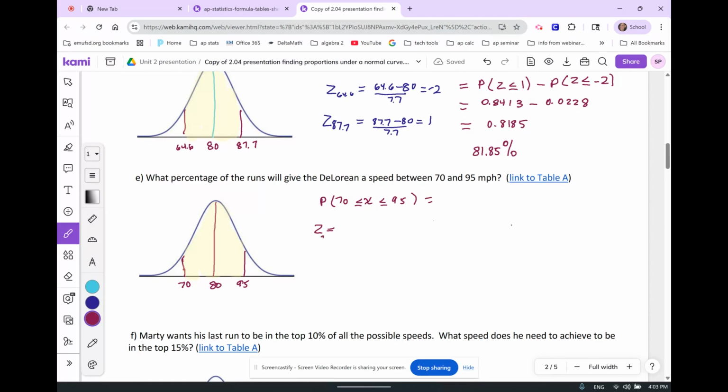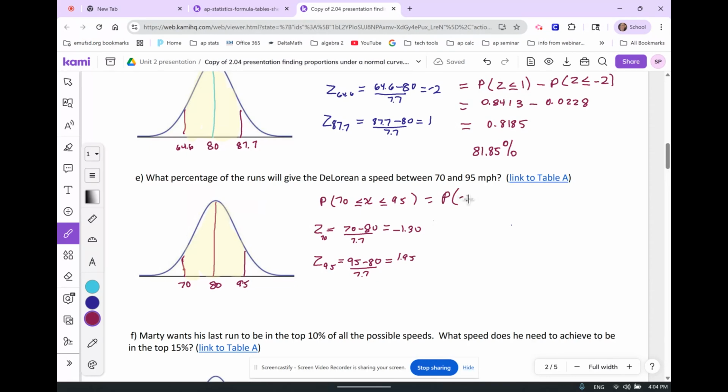So I'm going to do the 70 first. You're going to round to 2 decimal places, and that gives you negative 1.30. Now we do 95. So 95 minus 80 over 7.7 to 2 decimal places is 1.95. So you're writing that conversion.